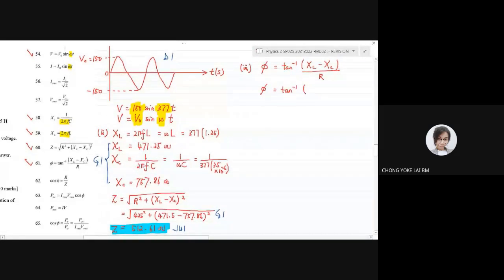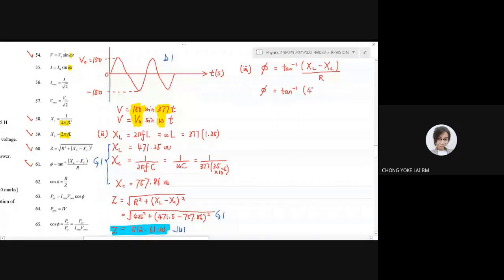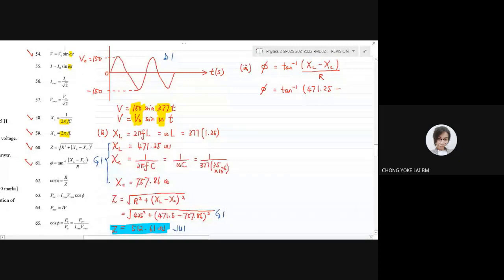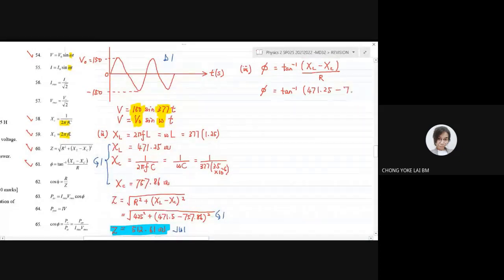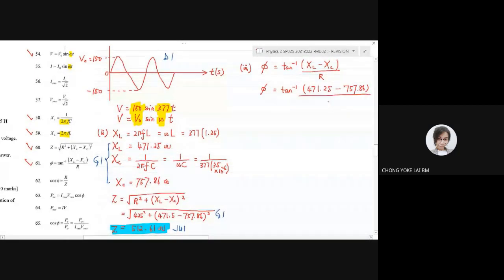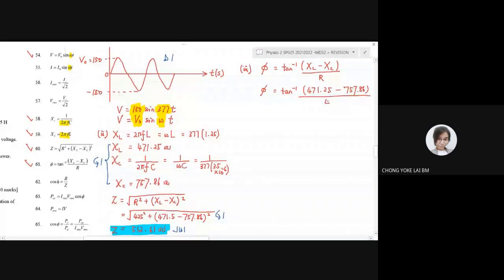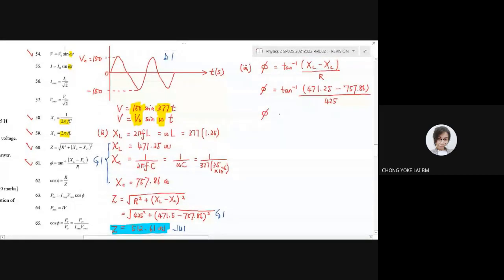So our XL is 471.25 minus our XC 757.86 over the value of resistance 425. Cuba you kirakan berapa phase angle you.